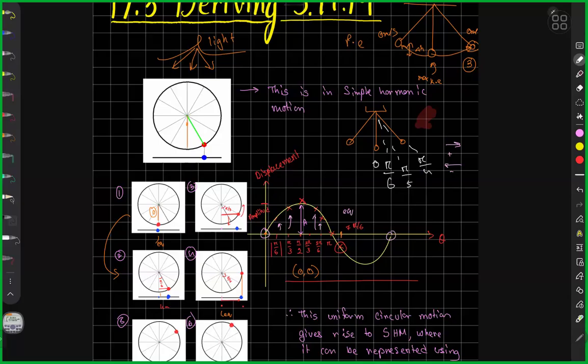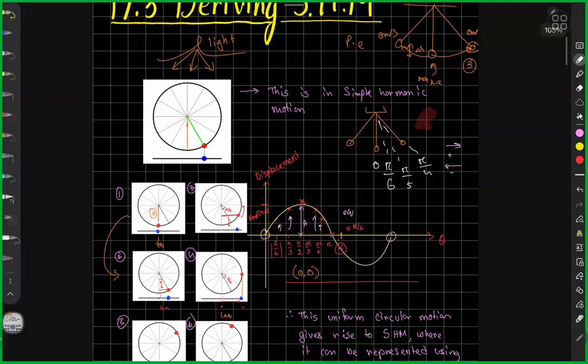You see, as the radians increase, it is moving more towards the right hand side. Sorry, this is pi by 2. Pi by 2 is 90 degrees. My bad. Pi by 4 is 45 degrees. But yeah, you get the point. As the radians increase, your displacement increases, right? So this is how we are understanding theta with displacement.